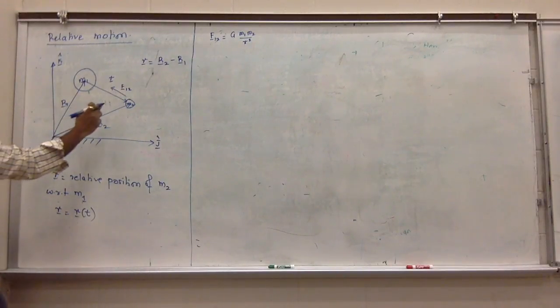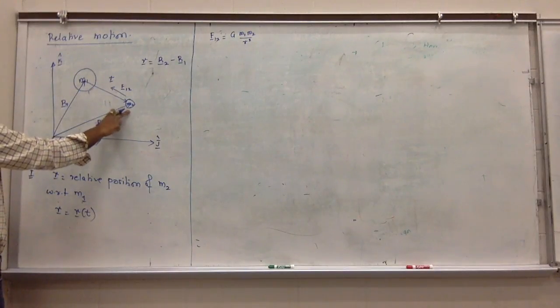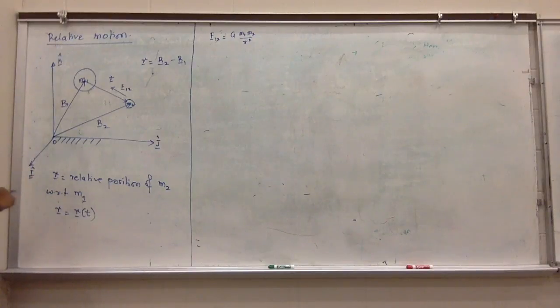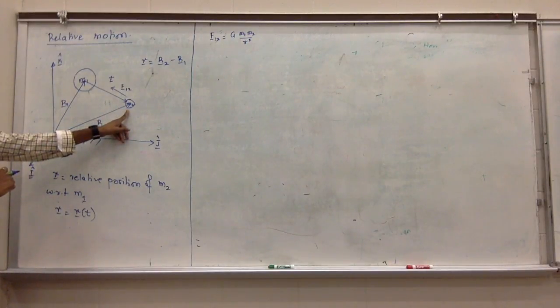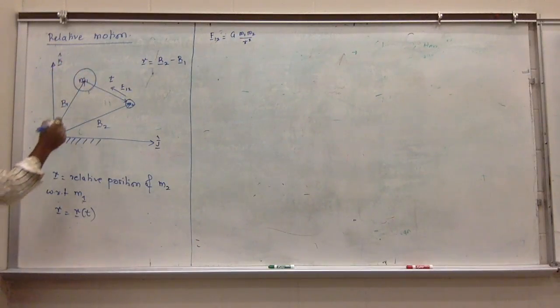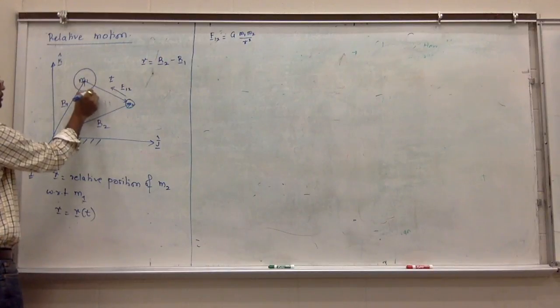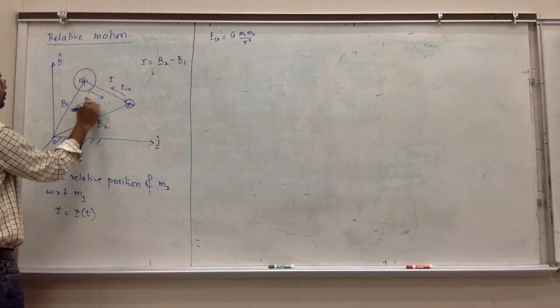So there are two forces, right? m1 will be attracted to m2. Similarly, m2 will be attracted to m1. Got it? Because that's what Newton's law says. The force of attraction of m2 towards m1 is in this direction. Similarly, the force of attraction, this would be F21.